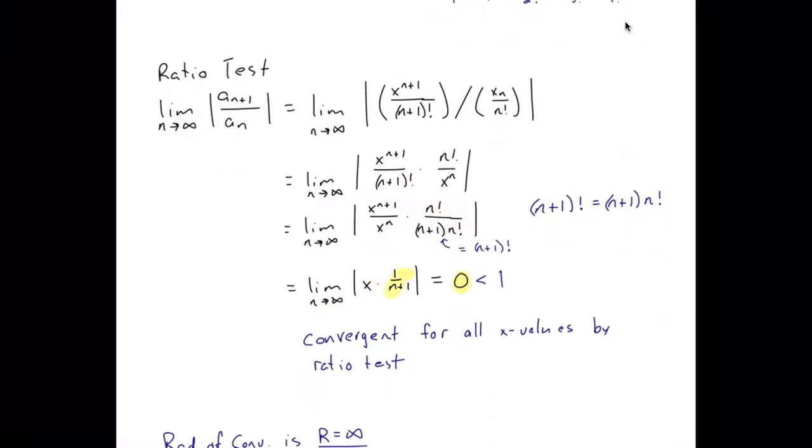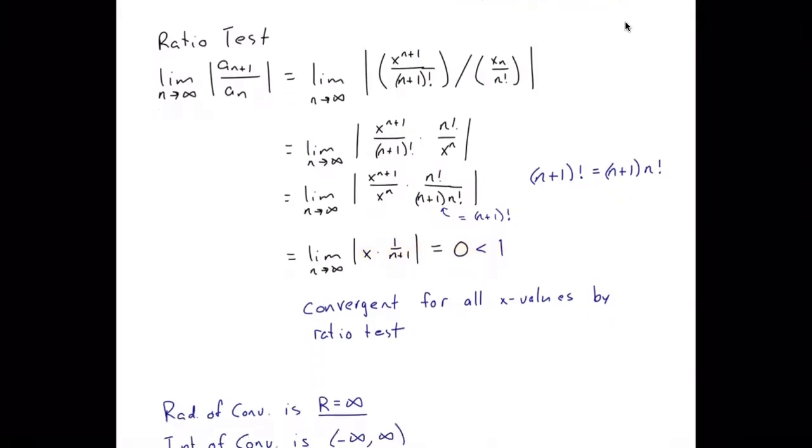So 0 is always less than 1. So that means for all real numbers, this is going to be true. This thing will have a limit that's less than 1. Okay, so it's a little bit backwards, right? You'd think that when this limit was 0, you'd say that your radius of convergence is 0. It doesn't work that way. It's all about the convergence per the ratio test.